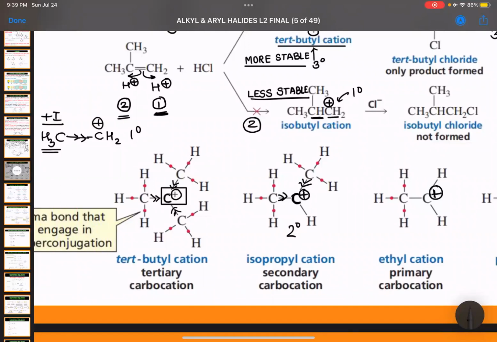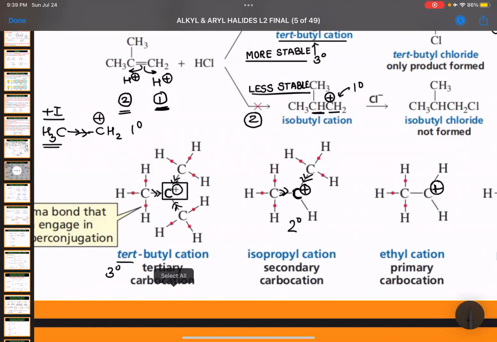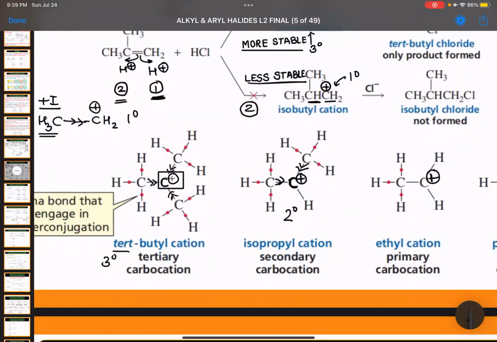And a tertiary carbocation, 3 degree, is again much more beneficial. It is more stable than the secondary carbocation, because three alkyl groups push their electrons towards the carbocation, and its electron deficiency gets fulfilled up to some extent, not completely, and it becomes stable.